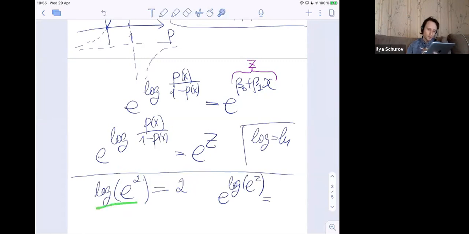This is e to the power 2. So you see that this is the same thing as this thing. If you believe in this equality, then this equality also holds, because I just do the same thing with both sides. And we see that instead of e to the power 2, I can put here anything.